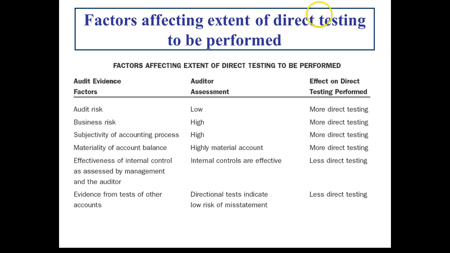If we can really trust these internal controls in place, we might reduce our direct testing, won't we? And then if we are gaining some security based on testing other accounts as they relate to the accounts in question, directional tests indicate low risk of misstatement, we might be able to reduce our direct testing. So as a result of certain factors, what are the results of the audit? Either more direct testing or less.